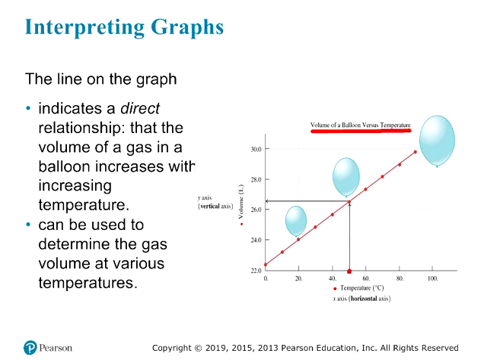So we can go up to the line and then extrapolate over to the y-axis and see that the volume of the balloon at 50 degrees Celsius is, let's say, about 26.5 liters. And that's an estimation, but we can also plug it into an equation for the line. So maybe we would figure out what the best fit line is for that data.